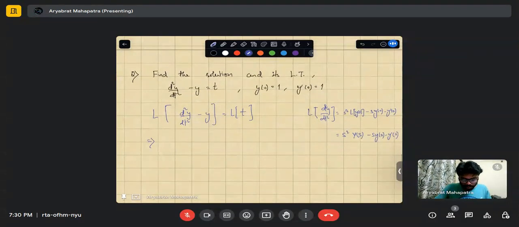Then the Laplace transform of t square y, the Laplace transform of y, and the Laplace transform of t.